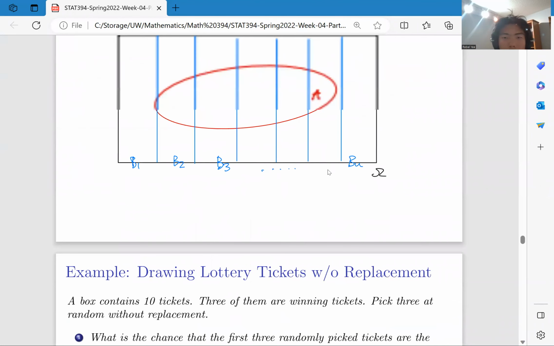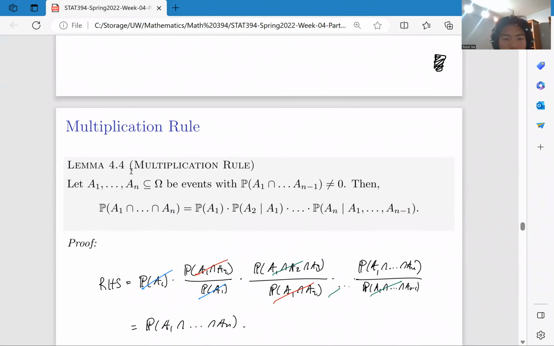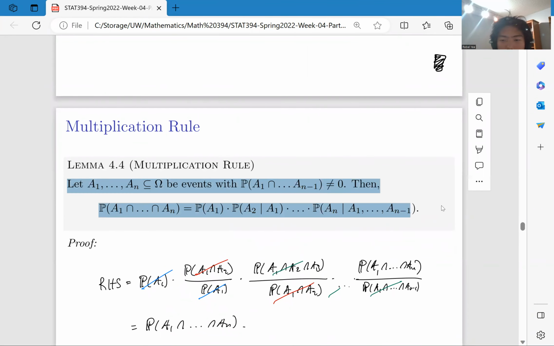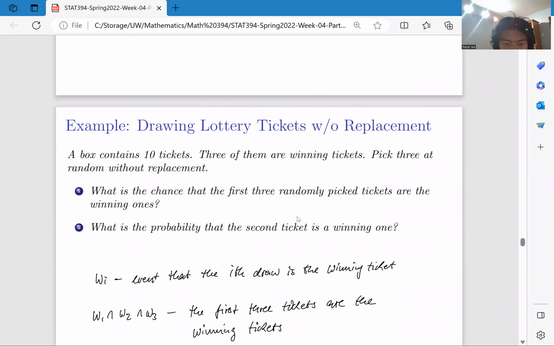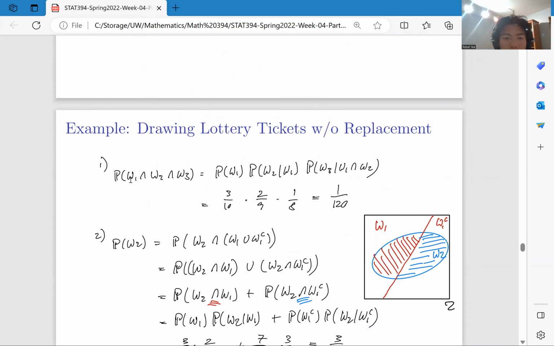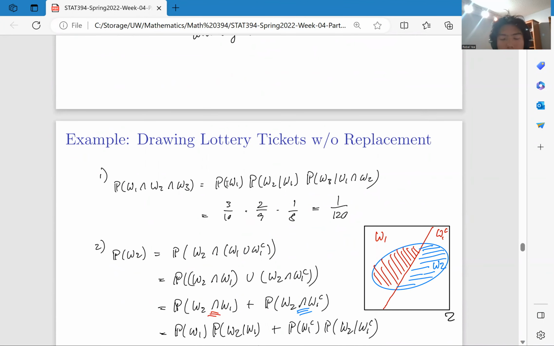We can use the multiplication rule, which is very important. So the first is P(W1) times P(W2 given W1) times P(W3 given W1 and W2).